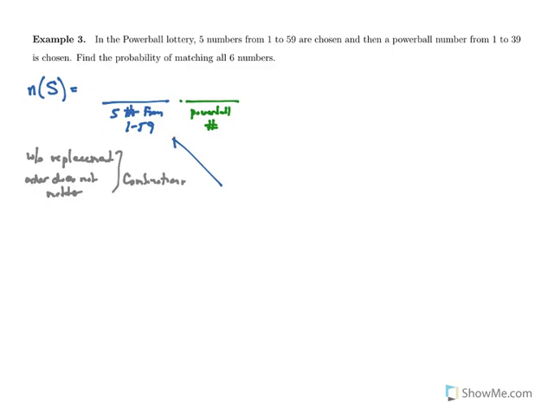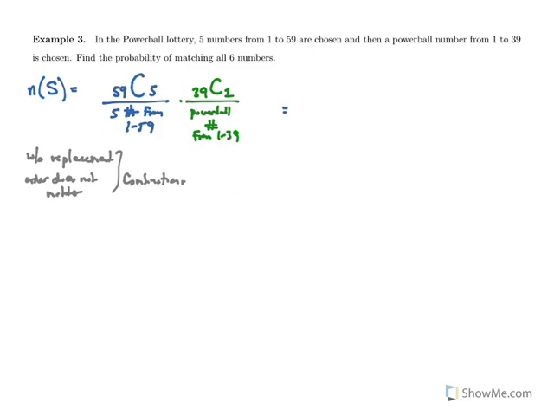So for the 5 numbers from 1 to 59, we are going to have 59 numbers total, and we are going to choose 5 of them. And for the Powerball number, which is from 1 to 39, we're going to have 39 options total. We're going to choose 1 of that number.